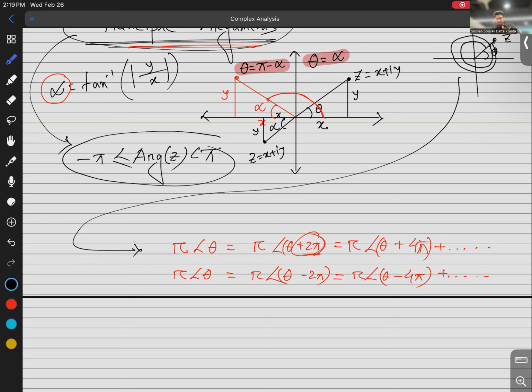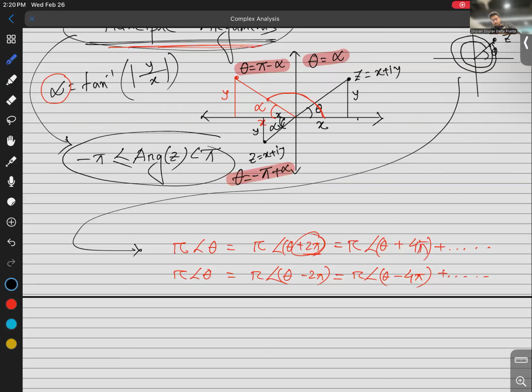So we will move in the clockwise direction from this point. So theta should start from minus pi, and then go in the counterclockwise direction up to alpha. So our principal argument will be theta equal to minus pi plus alpha.